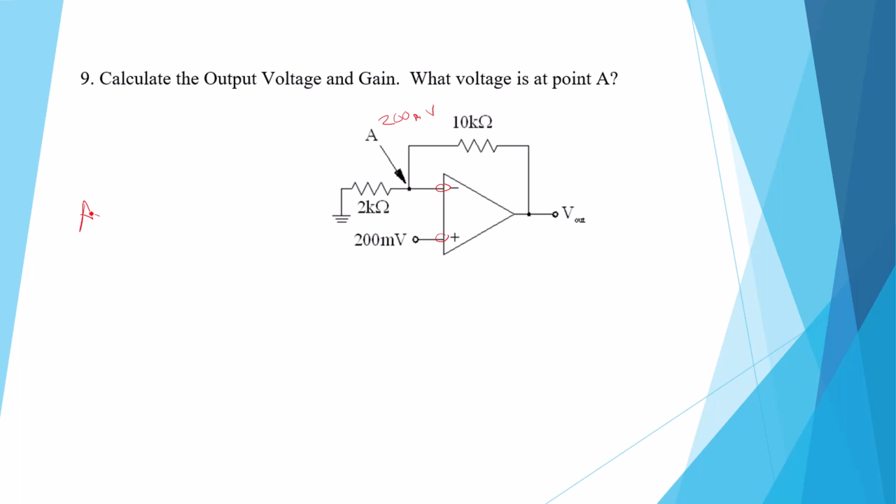So our formula is AV equals RF over Rn plus 1. So we have 10 divided by 2 plus 1 equals gain of 6. So 6 times our input voltage is going to be 1.2 volts positive.